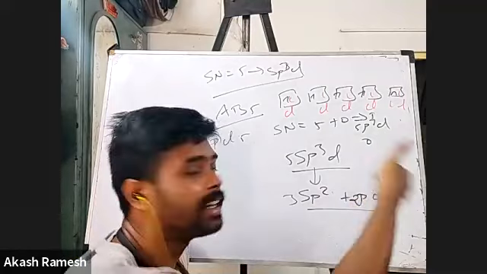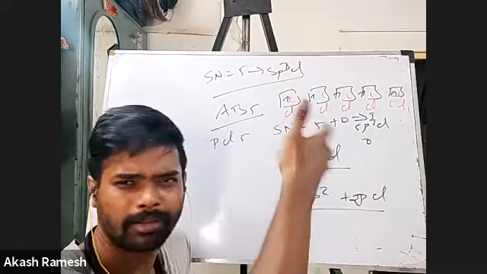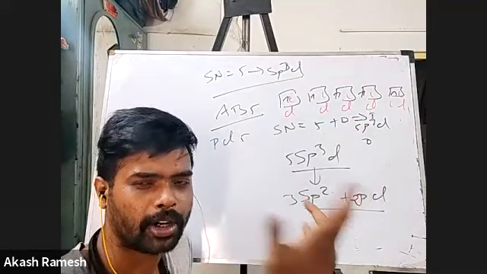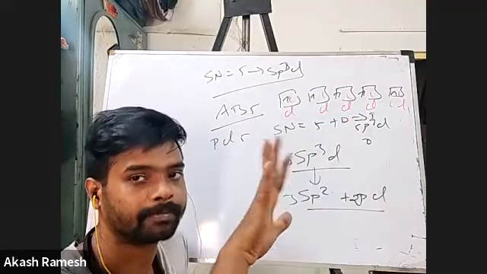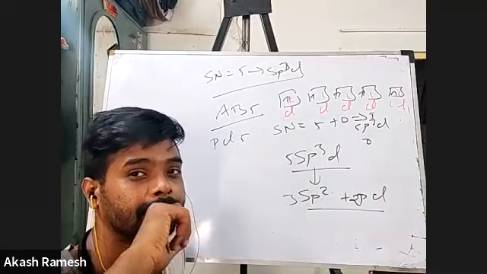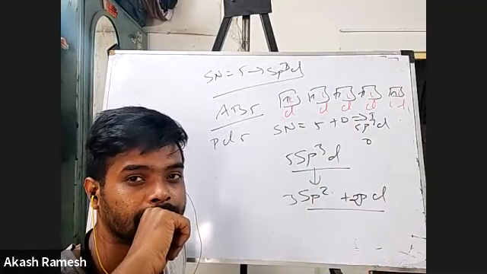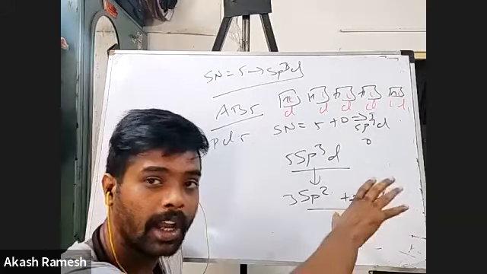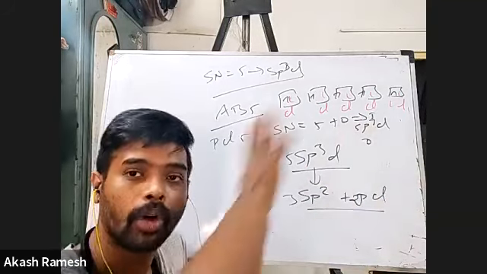I have P and D coming together, or let me consider it as 2 orbitals. If it was s and p, if it was sp, what would have been the shape?